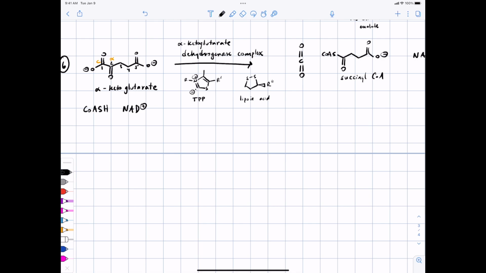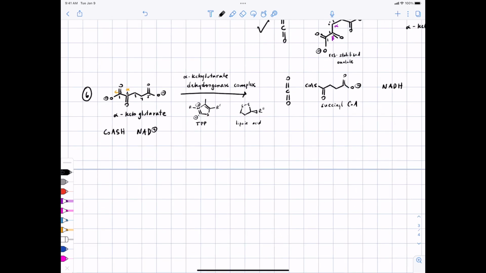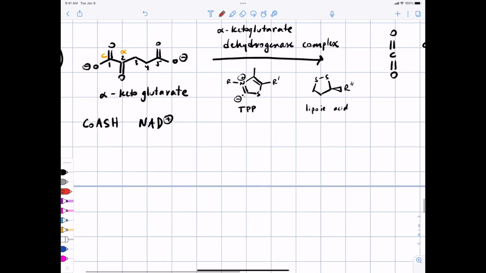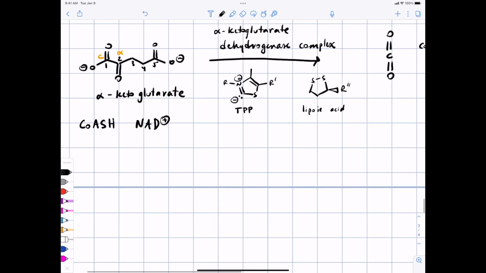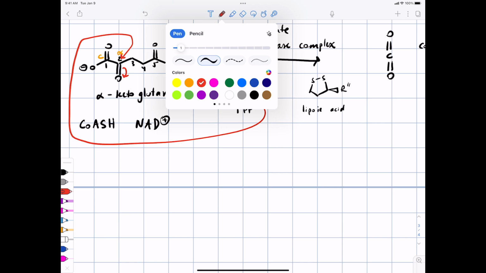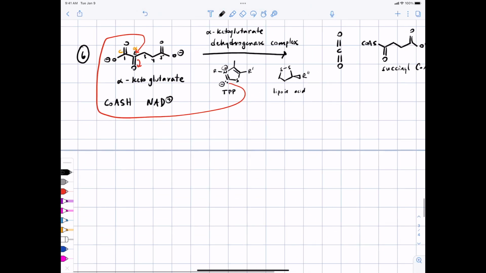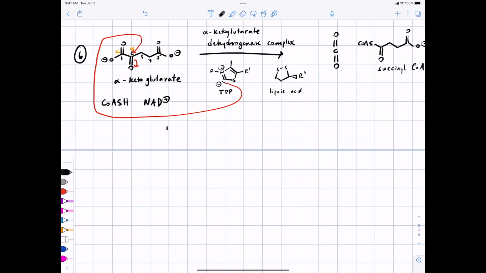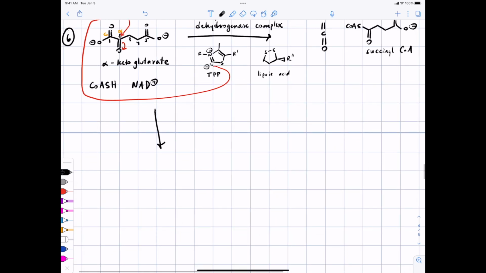All right, so I won't draw this mechanism in a lot of detail. It's going to involve those same 3 steps that we saw before for pyruvate. So first, TPP is going to attack the ketone to generate a tetrahedral intermediate, which I will draw for you, but just briefly.